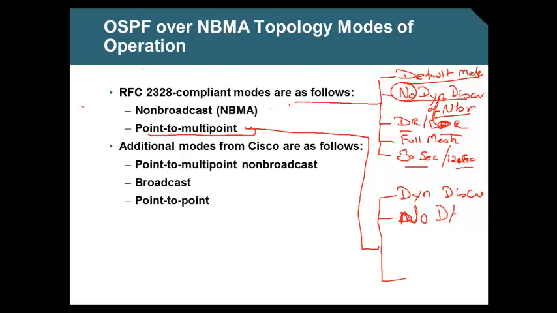Because there is no DR, BDR, you can use this mode for partial mesh or hub and spoke. So it is recommended for hub and spoke. The timer is the same as we discussed earlier: 30 seconds is the hello timer, 120 is the dead timer.